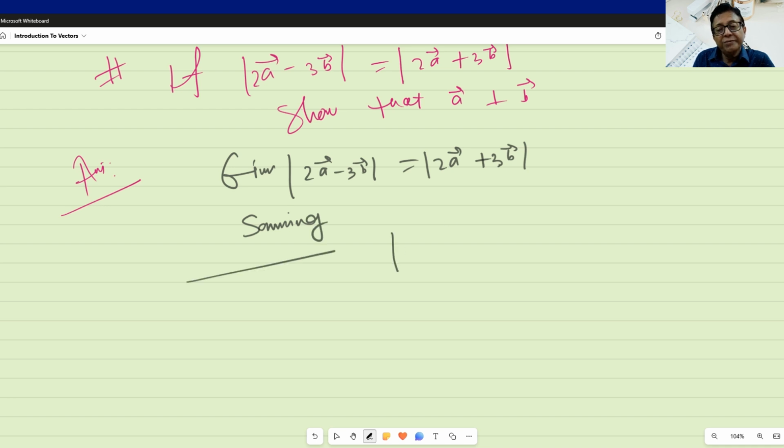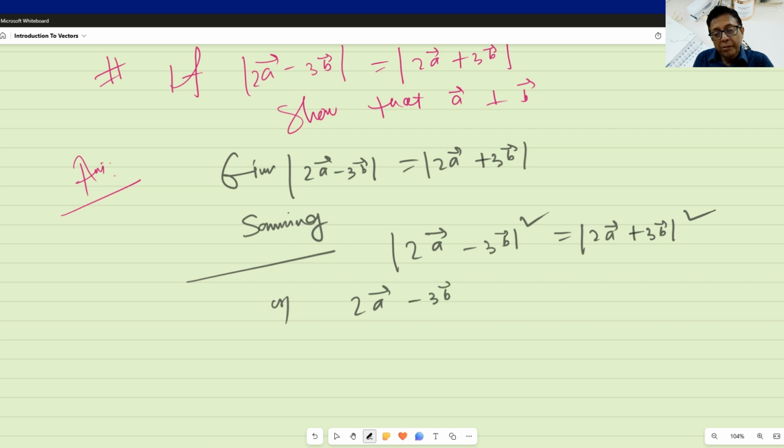What do you get? Mod square is what? Just we have done. This 2a minus cb is also a vector. If a and b are vectors, 2a minus cb is also a vector.